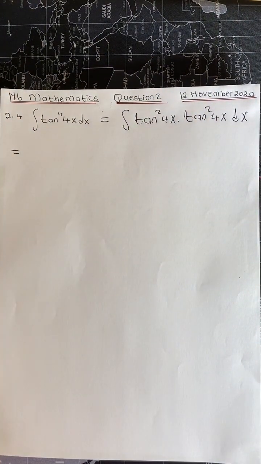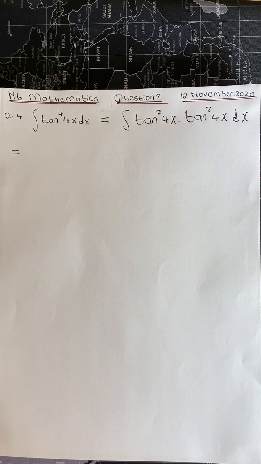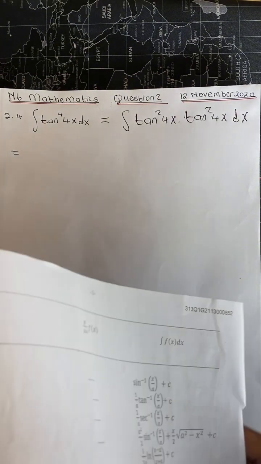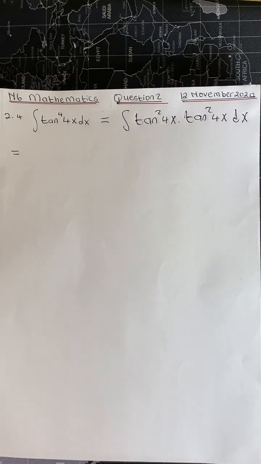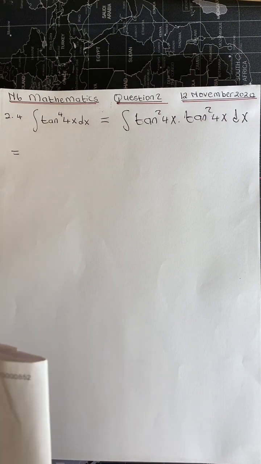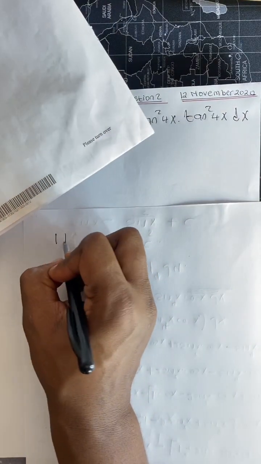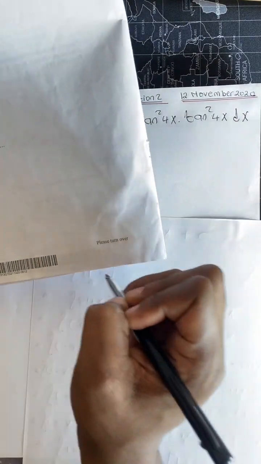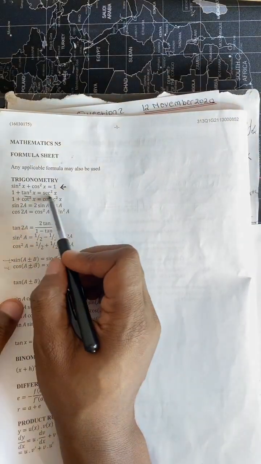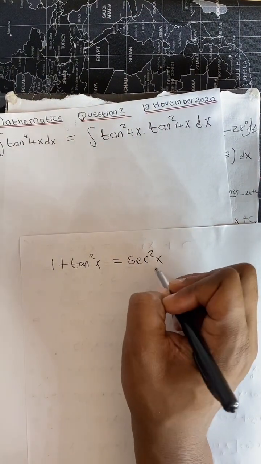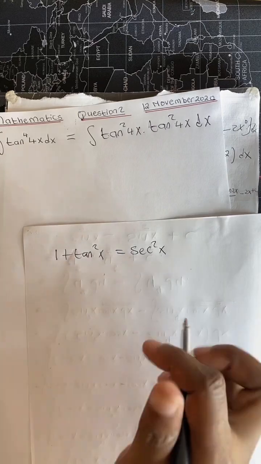And from here, we know from our trigonometric identities that 1 plus tan squared x is equal to sec squared x. So we make tan squared x the subject of the formula.